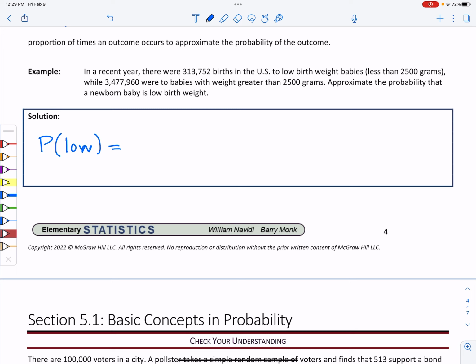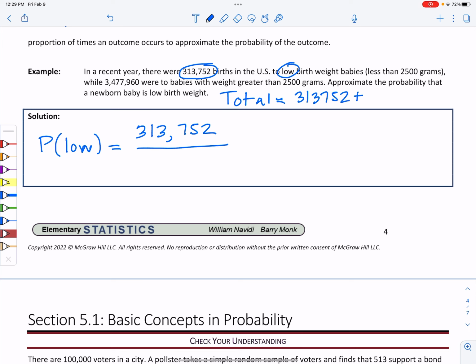So we're going to start with the event, the number of outcomes that were low birth weight, 313,752, and we want to divide this by the total. Notice in this problem, we're not given the total. We're given a number that are low birth weight and a number that are not low birth weight. So I'm going to have to get my total by adding up the number in each individual category.